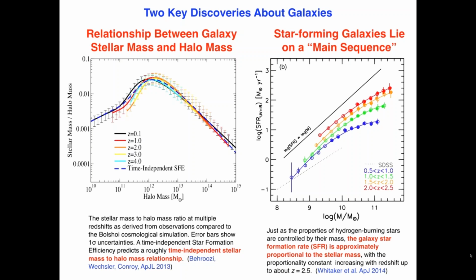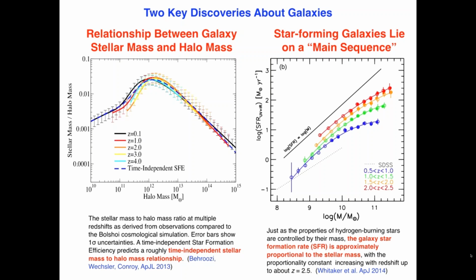At higher stellar masses, the curve flattens out a bit, so there's more of a plateau. But the key thing to appreciate is that at all redshifts, out to 2.5 and even beyond, the star formation rate appears to be governed by the stellar mass of the galaxy.